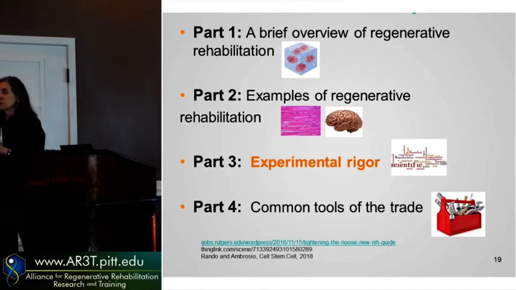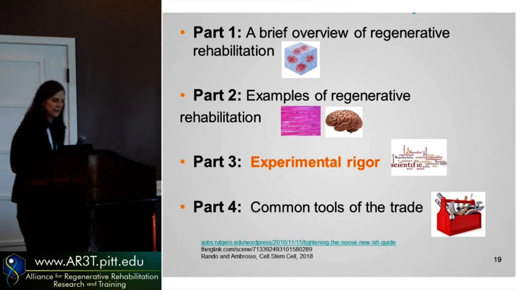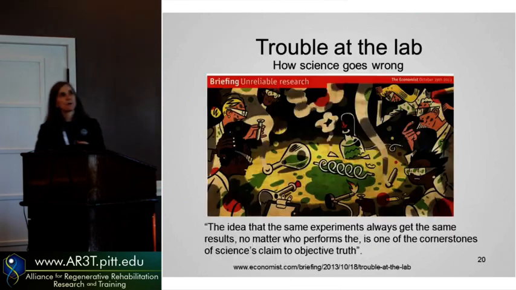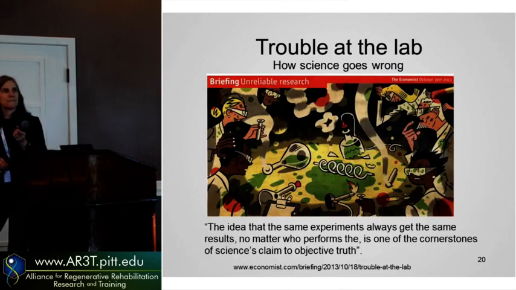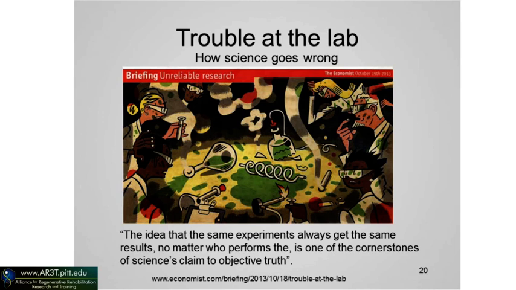So let me take a few steps back and give you some history on the importance of experimental rigor. So this came from The Economist. It was published in 2013, and big, bold letters about trouble at the lab. Trouble at labs running preclinical studies.